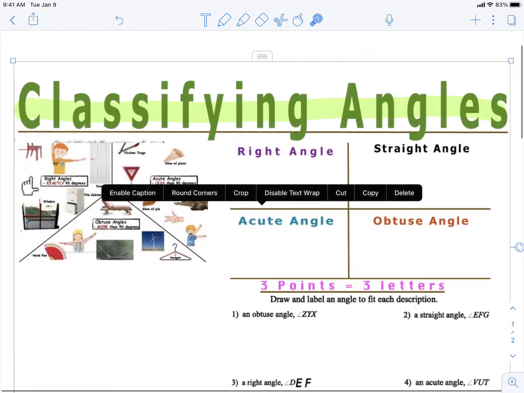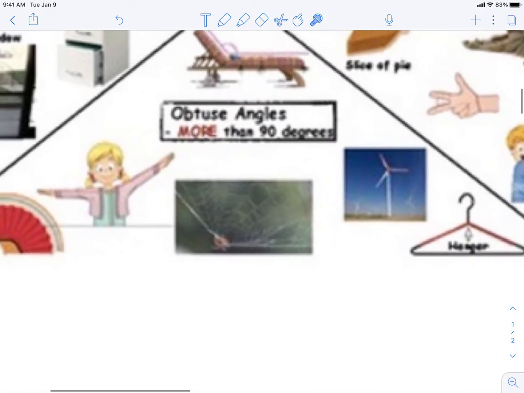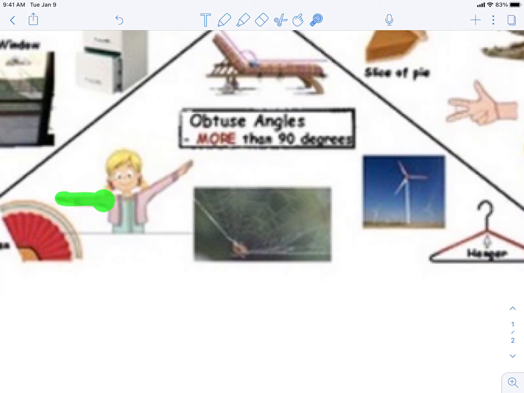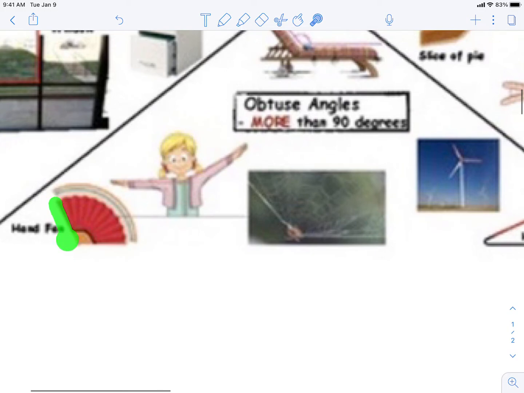This girl here is making an obtuse angle. It's open, but it's not all the way flat open. This fan is open, but not all the way open. This spider web is open, but not all the way flat open. And the top of this hanger is open, but not all the way open.